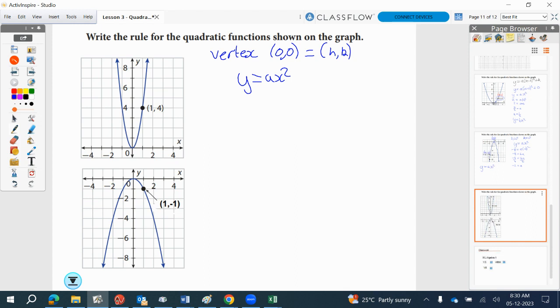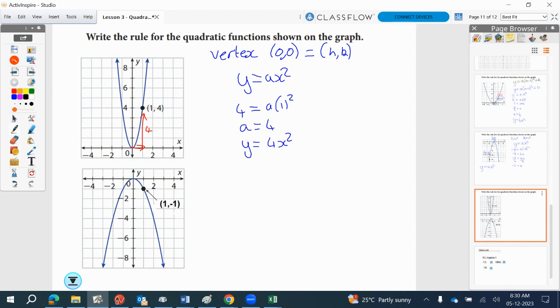We have a point 1, 4. So we put in the 4 here, and we put in the 1 there. What is the value of a? 4. So a equals 4. This is y equals 4x squared. This time, we can see it's gone 1 across, 4 up. So you can see the value of a that way.